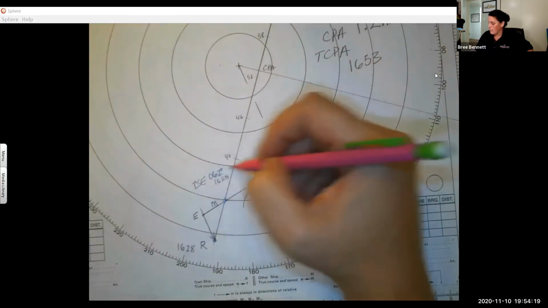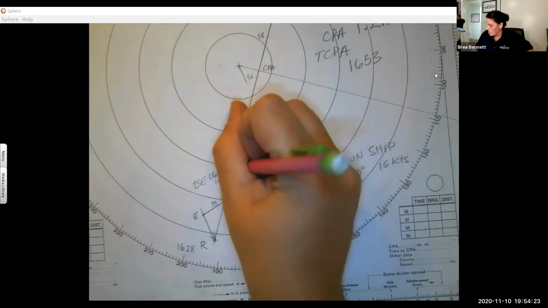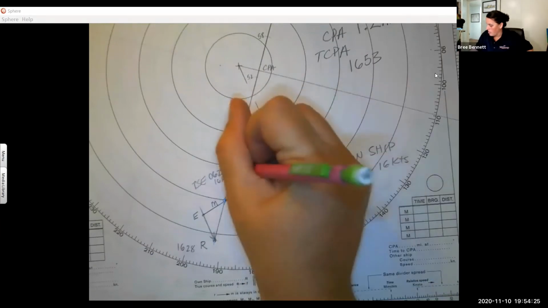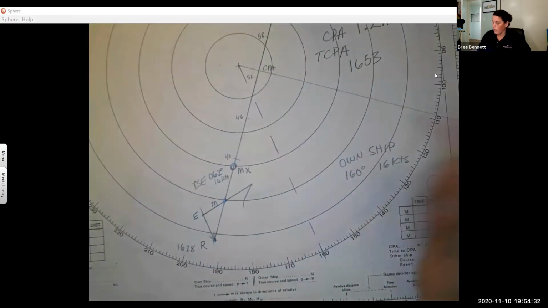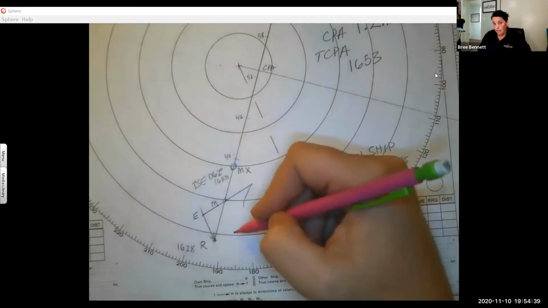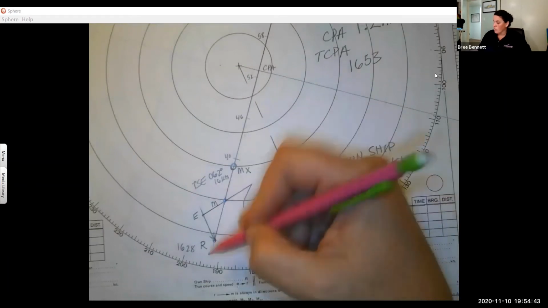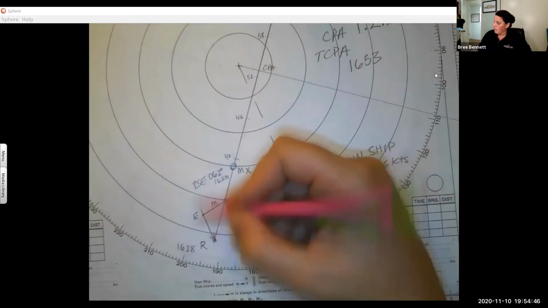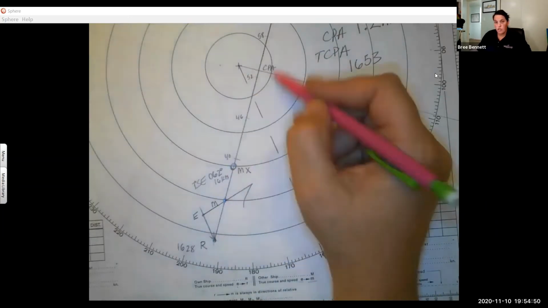When this guy is 6 miles away from us, right here, that is going to be our MX. That is when we are going to maneuver. We're going to wait for him to get 6 miles away from us, and then we are going to maneuver. He's the stand-on vessel. We don't want to pass ahead of him. We want him to pass ahead of us. And our CPA is going to be 2 miles.